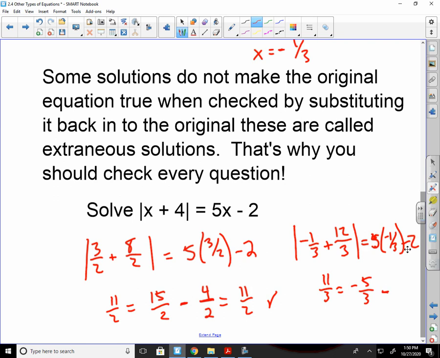Then in order to do this, I have to have a 3 in the denominator. So multiply the top by 3. It gives me 6. I'm left with 11/3 equals negative 11/3. That is not true. So the solution x equals negative 1/3 is extraneous.